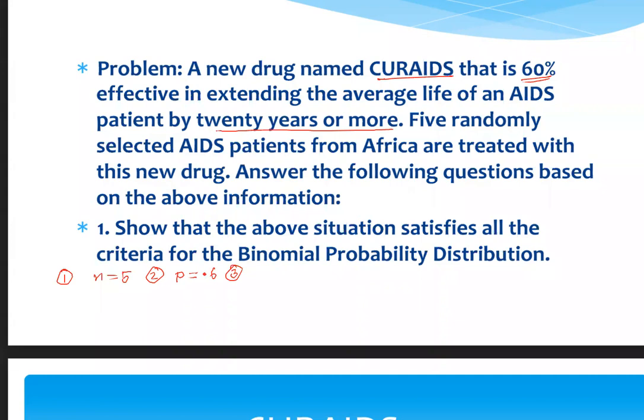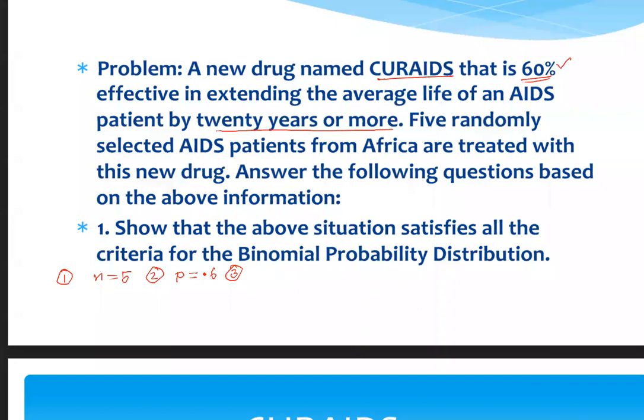Other conditions. Does the 20 years count as a condition? No. Wouldn't it be the 60%? What is 60%? 0.6. Yes, 60%. Doesn't it have to be like a trial or a study?